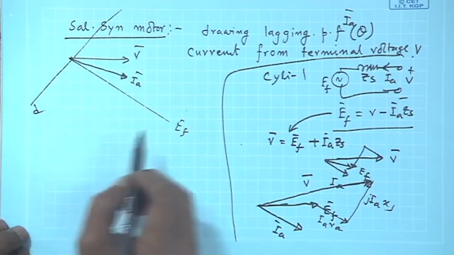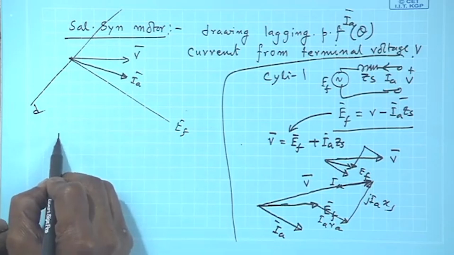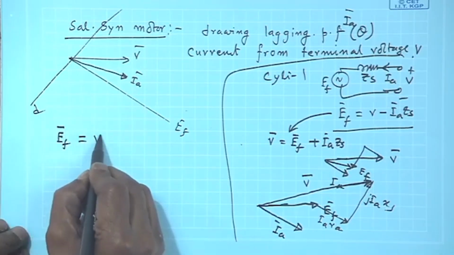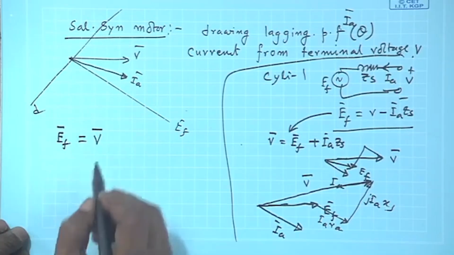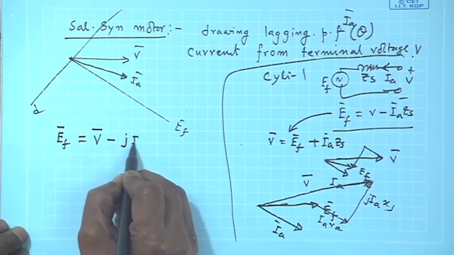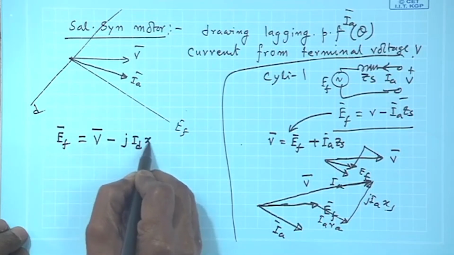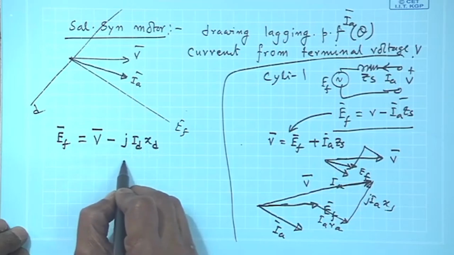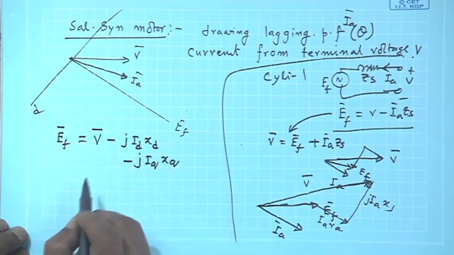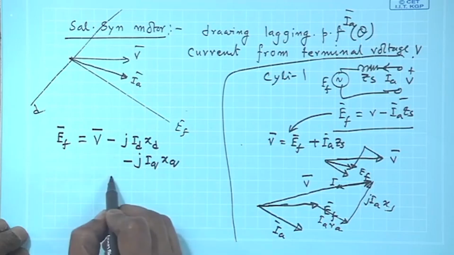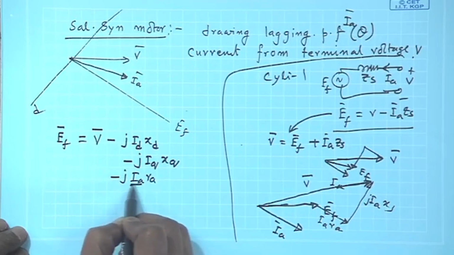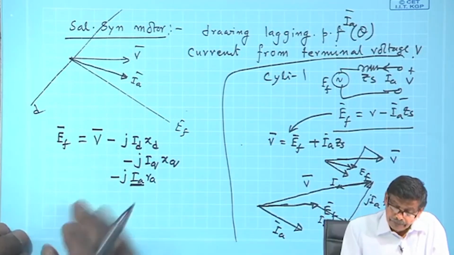So, in this case I will say that EF must be equal to this thing, that is fine, V minus J Id Xd minus J Iq Xq and minus J IA RA if RA is also present. This is IA, mind you, IA RA.